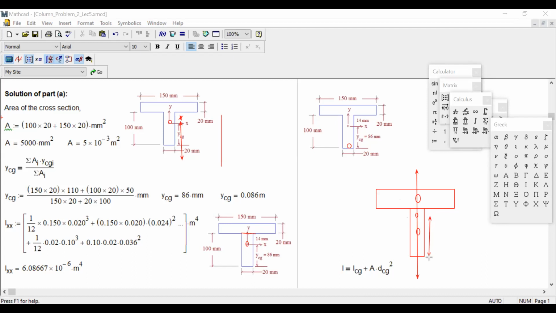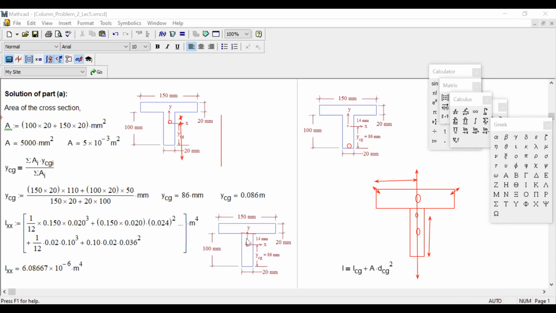This is the YCG, right? Then what will be the XCG? XCG will be half of this length because it is symmetric along the vertical axis. Okay. Now, I like to figure out the moment of inertia of the full cross section with respect to this CG.